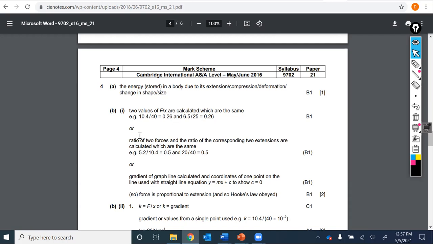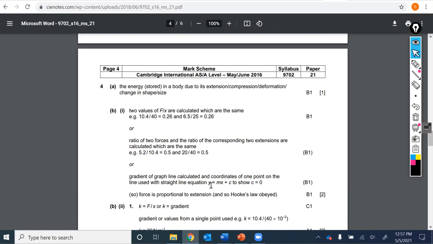All right, so it says 2 values of F over X are calculated, which are the same. So that's what we did. Or the ratio of 2 forces and the ratio of the corresponding extensions are calculated and are the same. That's okay. Here they're comparing the ratio of the forces. This force to that force is 0.5, and this extension to that extension is 0.5. The ratios of the corresponding values are the same.